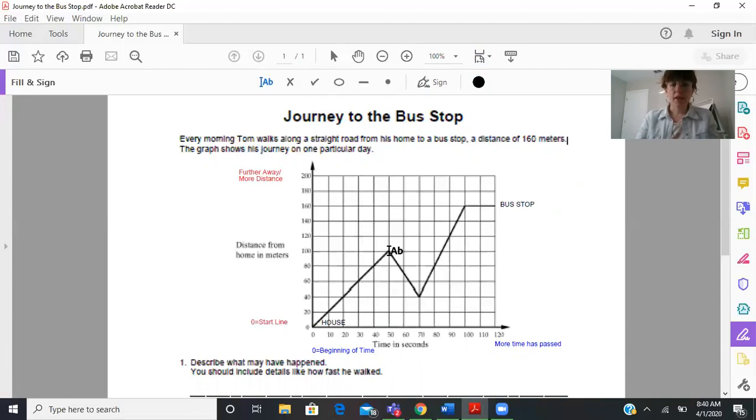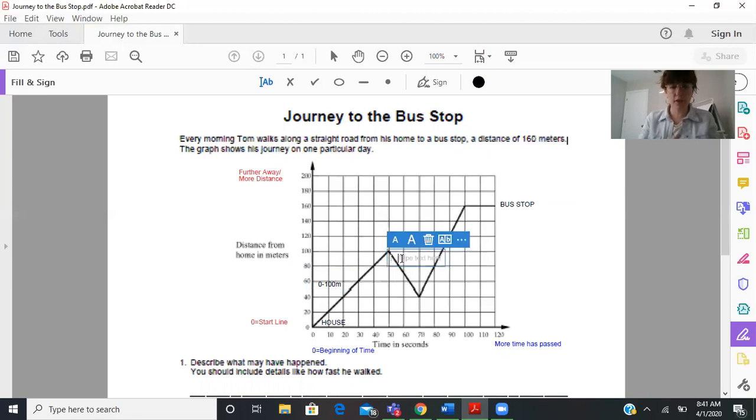And then it looks like he is decreasing his distance. I know he's decreasing his distance for a couple reasons. Number one, it's a negative slope. So here he starts from 0 meters and he walks 100 meters.